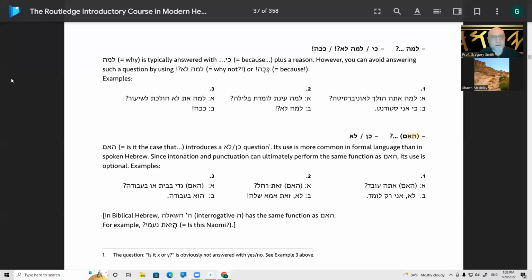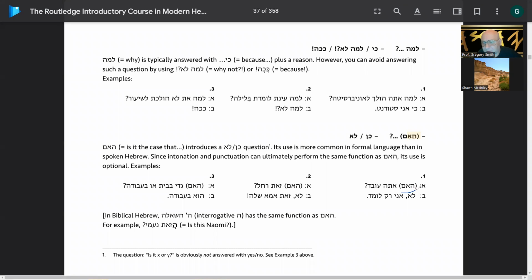Examples. Okay, so we have some examples here. So number one, we have ha'im, is it the case that. So that'd be this one here, ha'im ata oved. Is it the case that you are working?